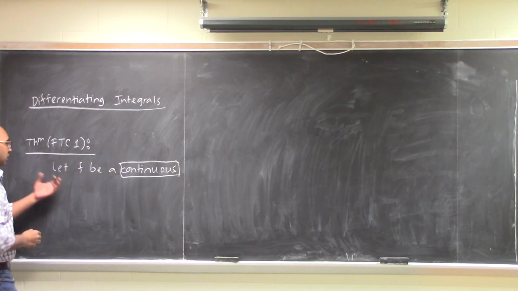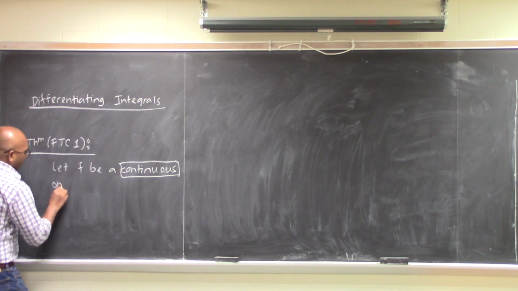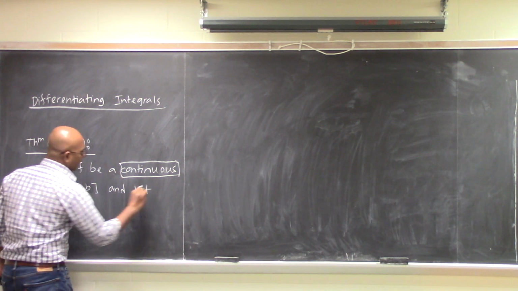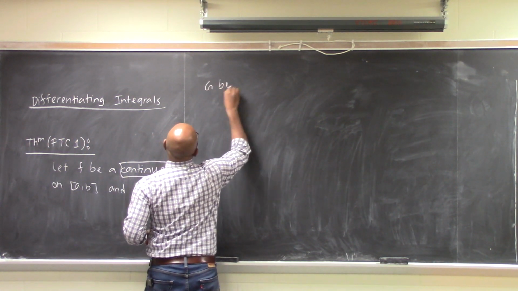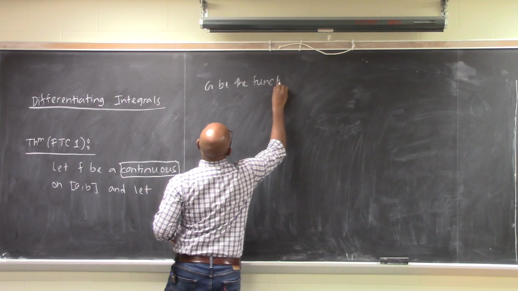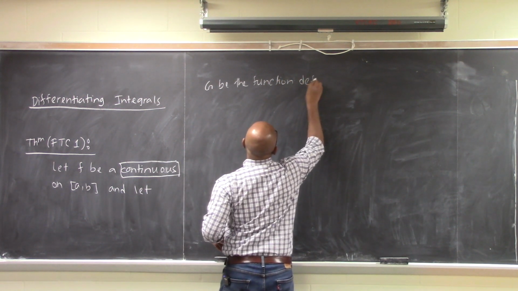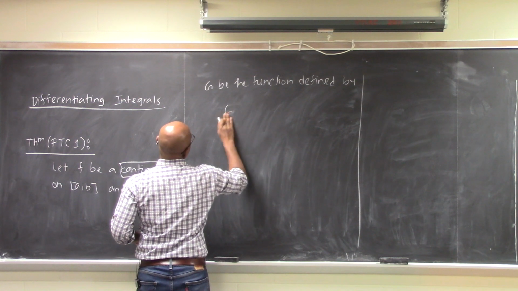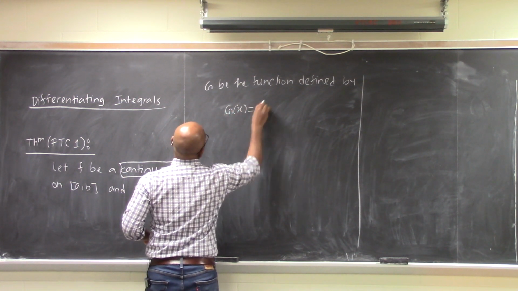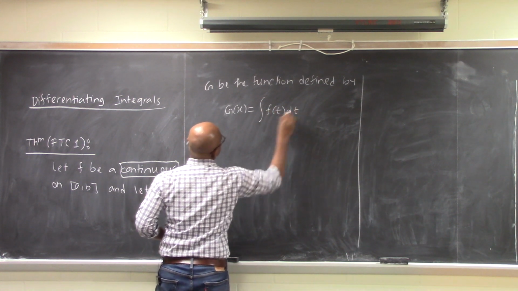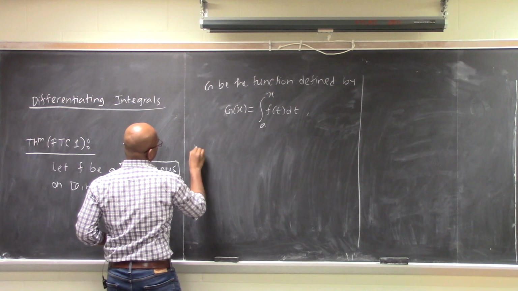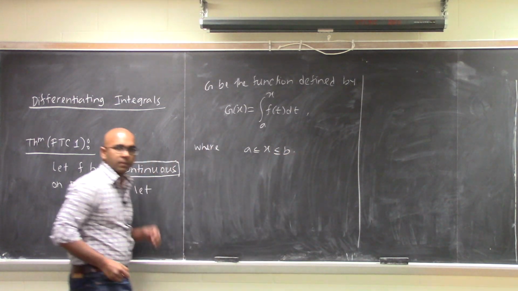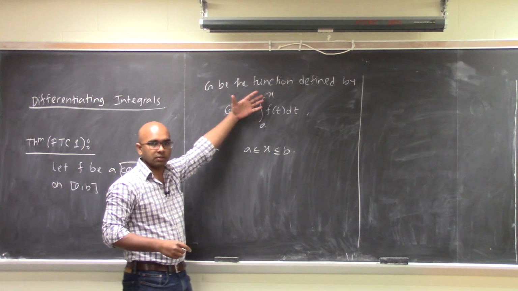The integrand function should be continuous on a closed bounded interval a to b, and let g be the function defined by this rule, g of x equals the integral of f of t dt from a to x, where x is any number between a and b. Okay, now that's an indefinite integral with a base point a.